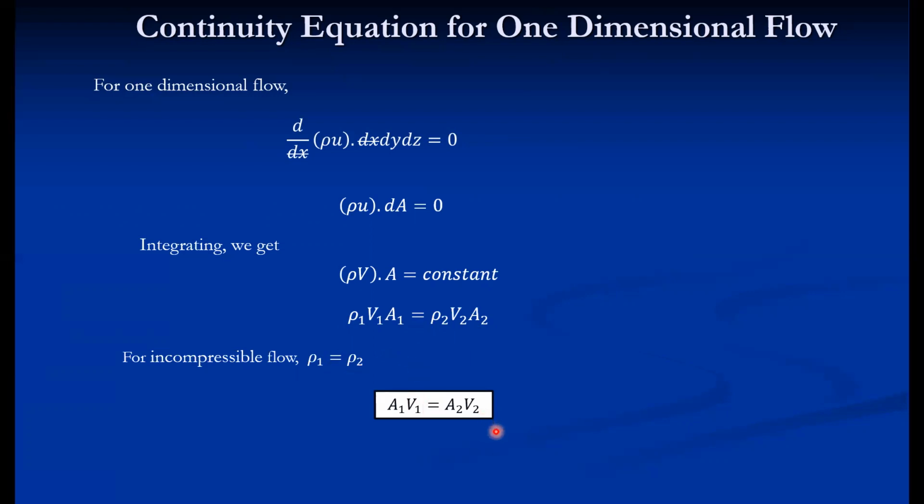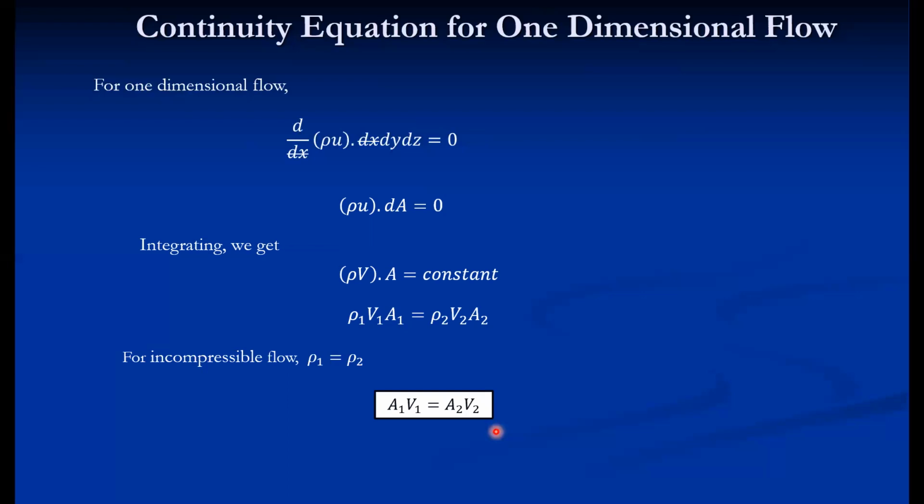Many problems in the coming topics use this continuity equation, because generally for solving problems, we consider a one-dimensional flow. So for one-dimensional flow, this is the continuity equation: A1 v1 is equal to A2 v2 if the flow is incompressible.